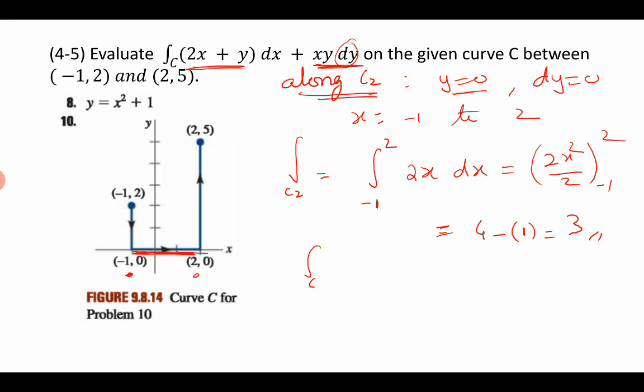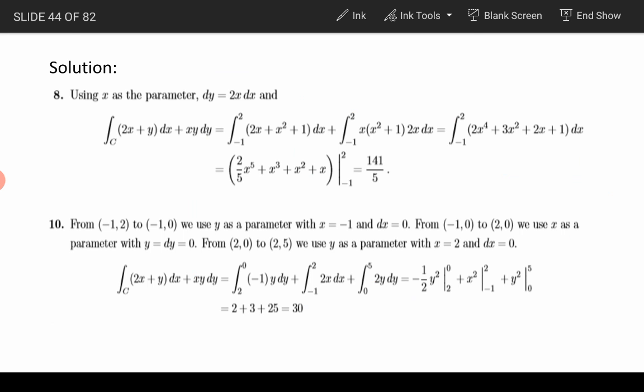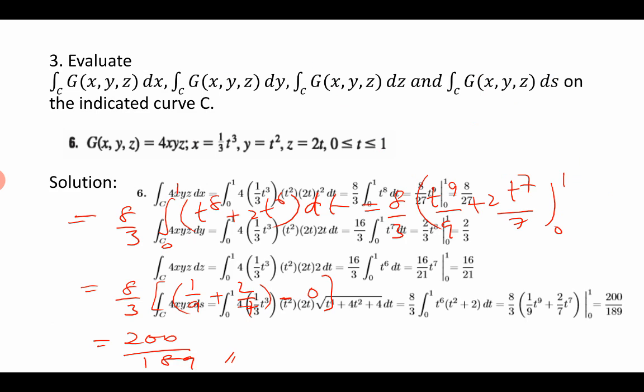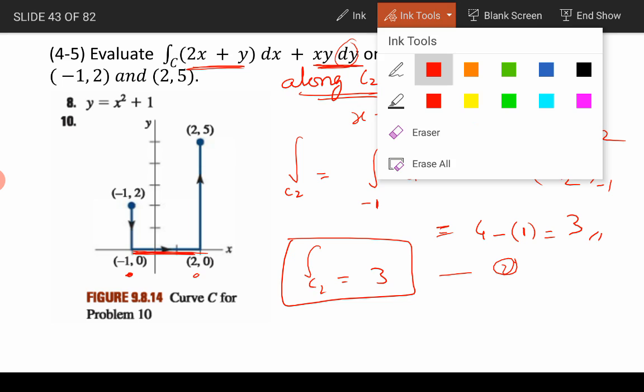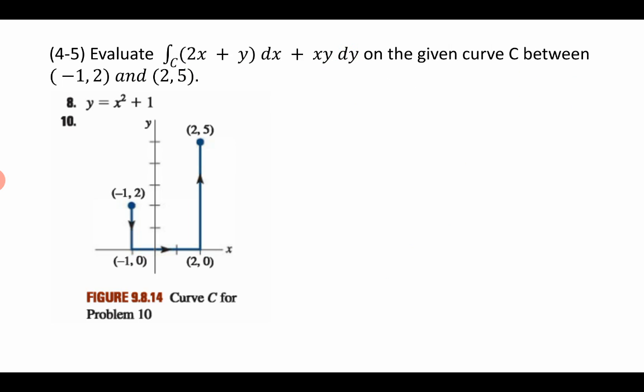So along C2 the answer is 3. First answer is 2, second answer is 3. This is the connection. Now let us do it along the third curve. Now you got an idea, I think.